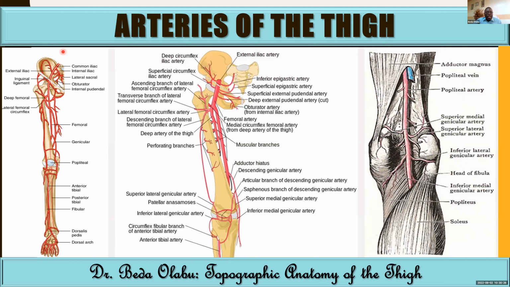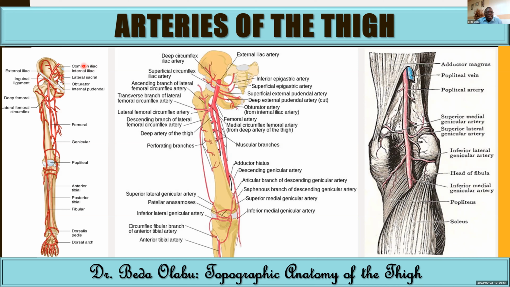So we have a large artery that comes from the heart, which we call the aorta. When the aorta comes much further down in the abdomen, it divides into two. We have the right and the left common iliac arteries. The common iliac arteries are designated to go to either side of the body.